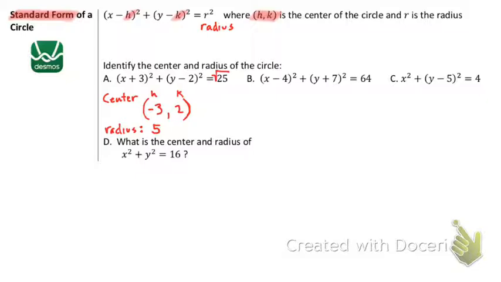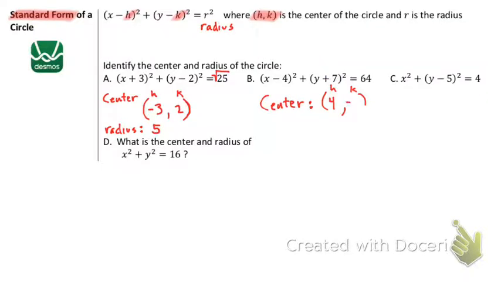Okay, let's try example B. So the center of the circle, again, we want our H and our K here, H, K. We look at our equation. The number adding or subtracting to the X is our H. Switch the sign, so it's 4. The number adding or subtracting to our Y, switch the sign.